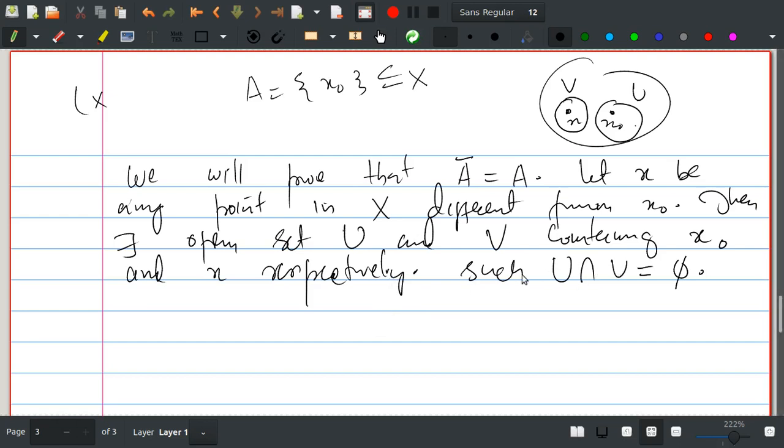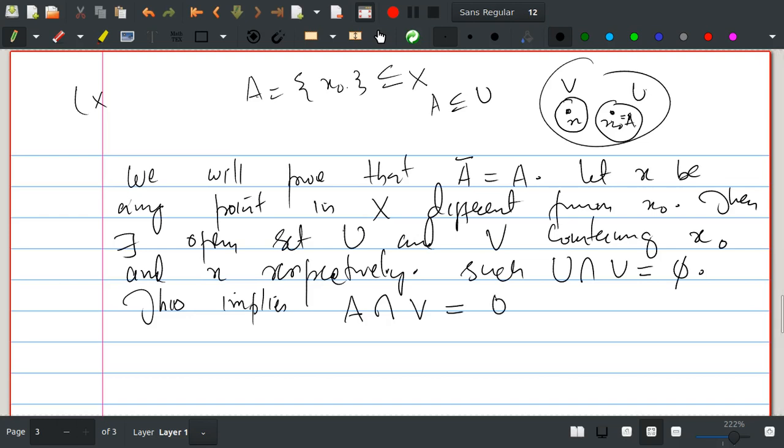If this intersection is empty, now x naught is equal to the set A itself, so x naught being an element of U means A is contained in U, because A is a singleton set. So this implies A intersection V is also empty.